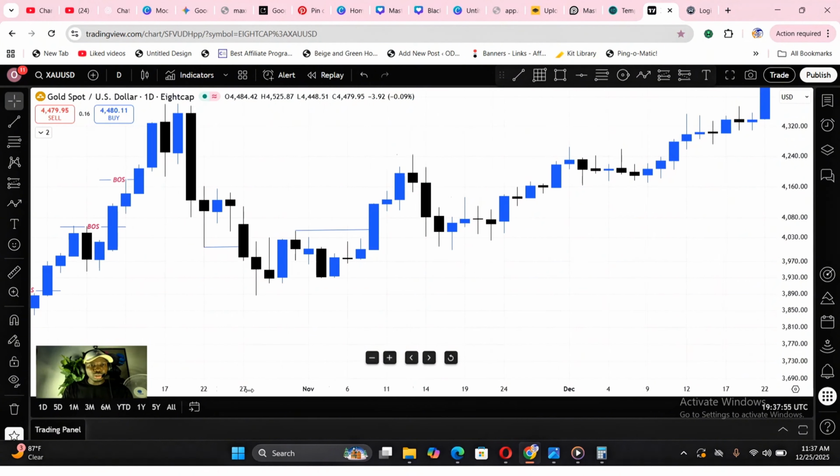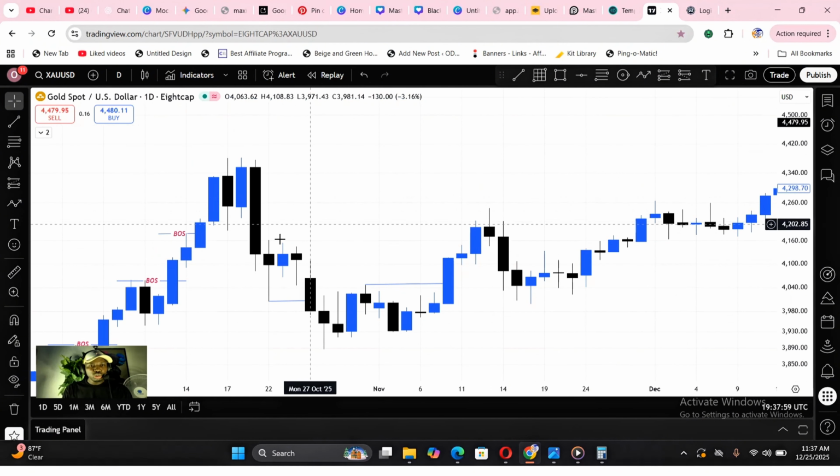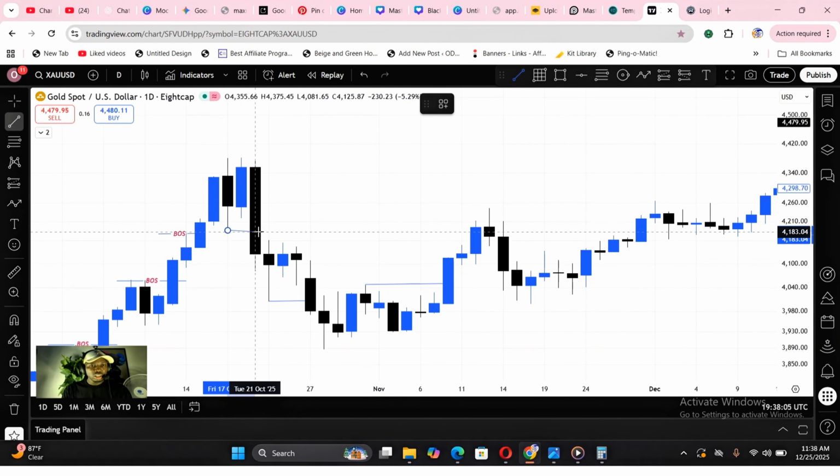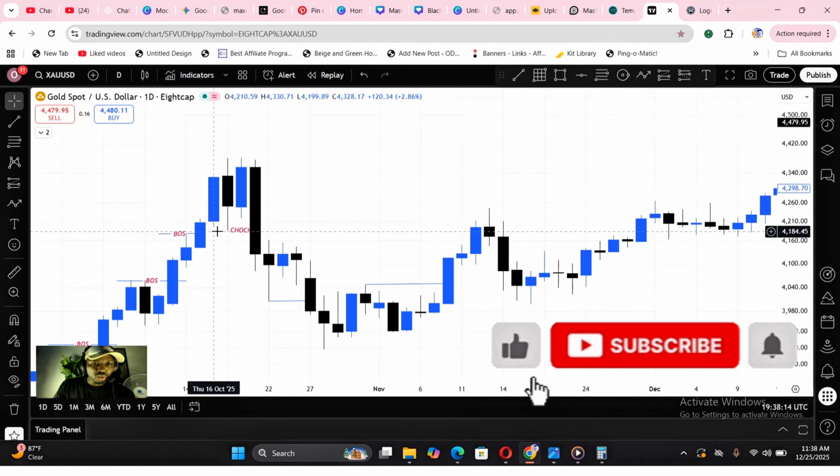From this now you see, instead of it to still break upwards, it now broke to the downside, which is what we call change of character. It broke to the downside.